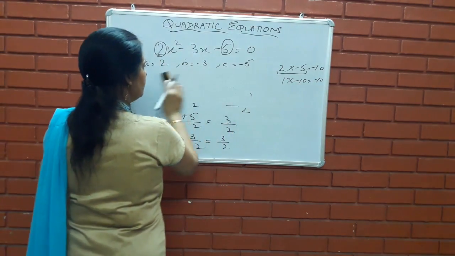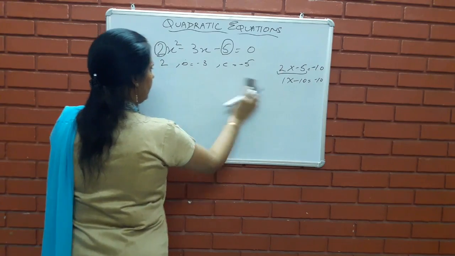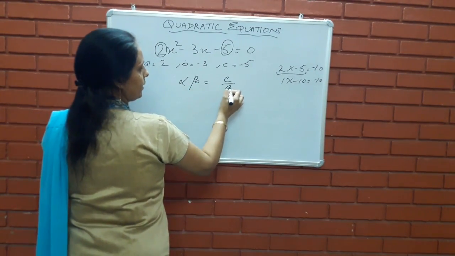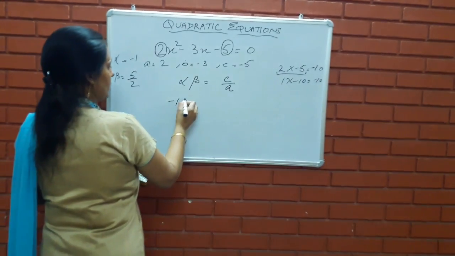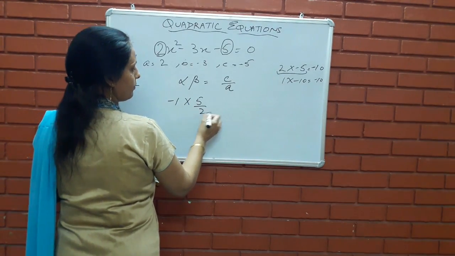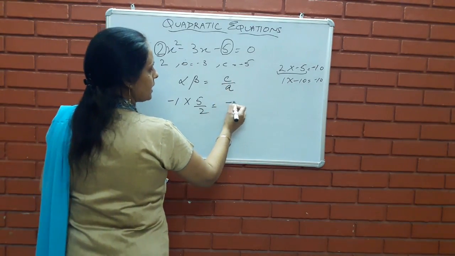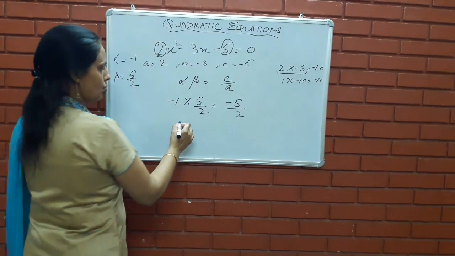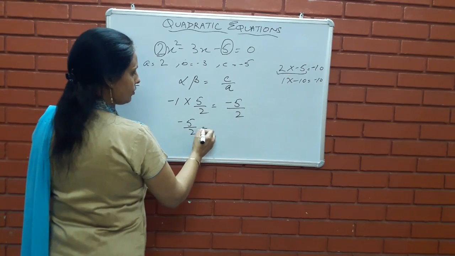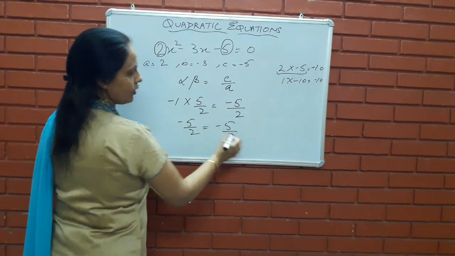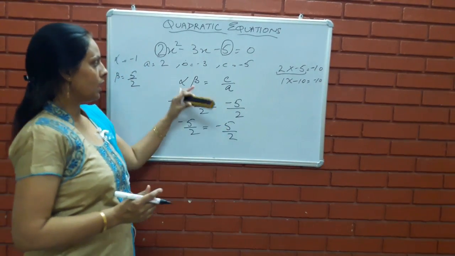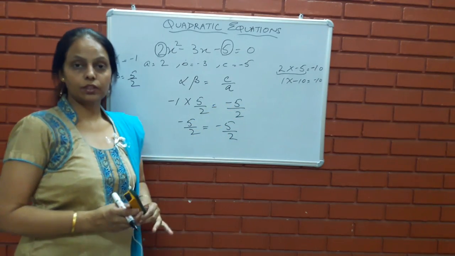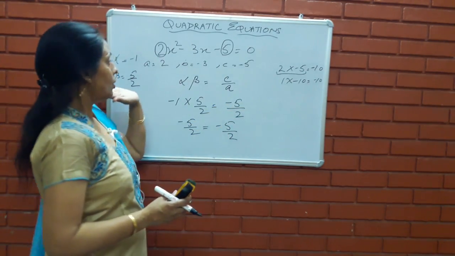Now if we take alpha beta, that is equal to c by a. Alpha is minus 1 and beta is 5 by 2, and c is minus 5 and a is 2. So minus 5 by 2. Now you can see alpha beta is equal to c by a, and both ways we have equal values.